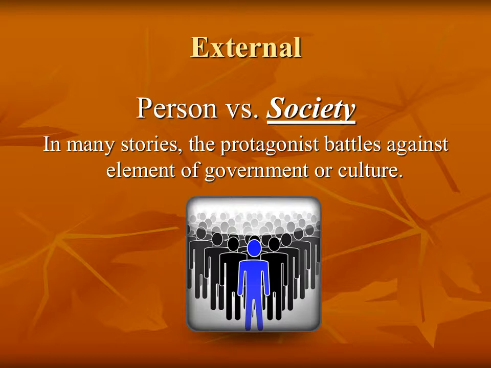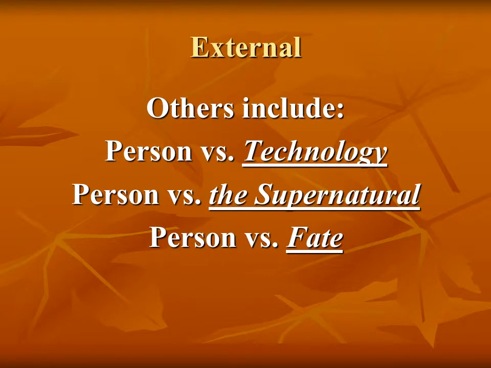So when it seems that there is one character fighting against the world, chances are that we're discussing person versus society. Other examples of external conflict include person versus technology, think Matrix, person versus supernatural, think ghost stories, and person versus fate, think stories where a person is fighting against bad luck.